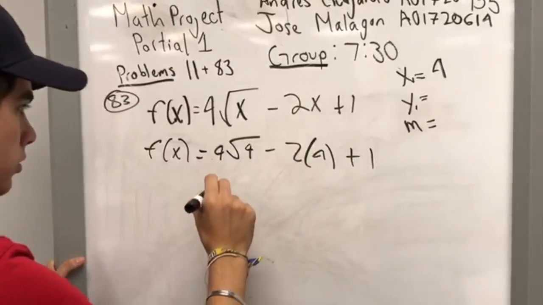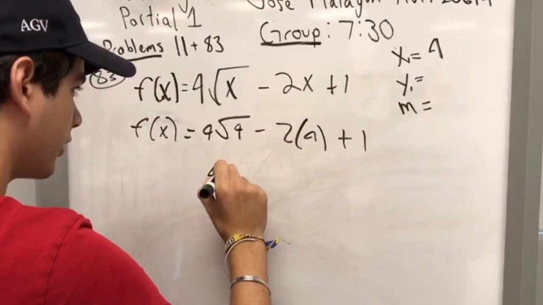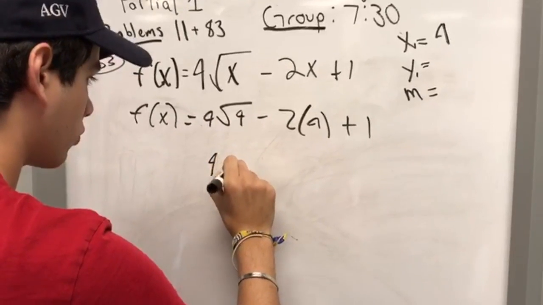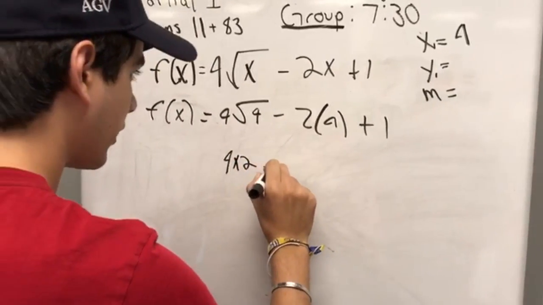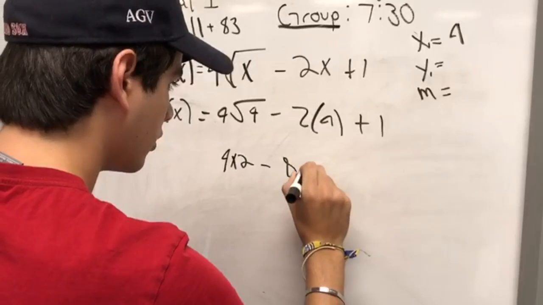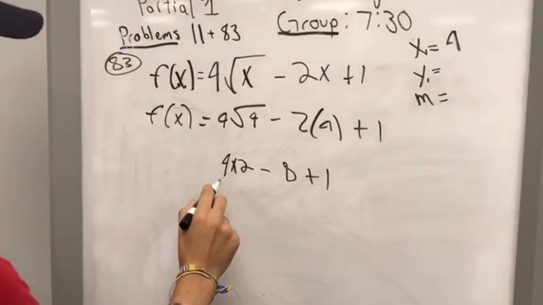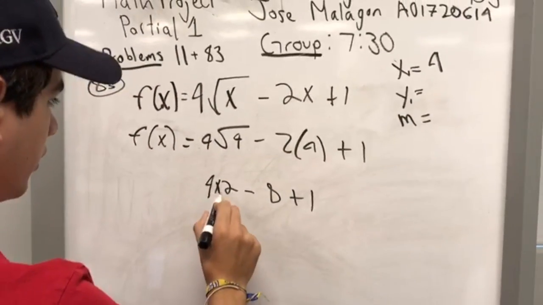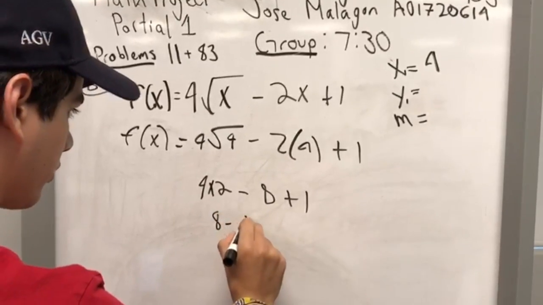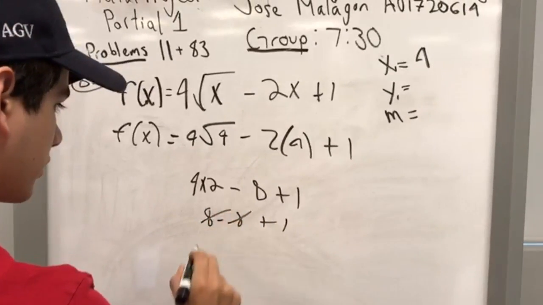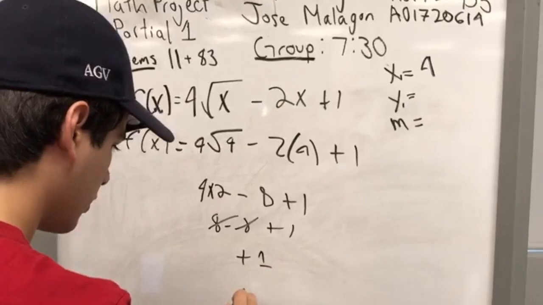So this equals 4 times 2 minus 8 plus 1, which is 8 minus 8 plus 1. This cancels out, so it will be plus 1.